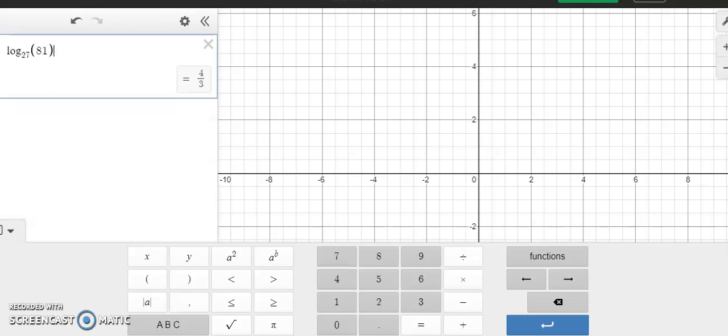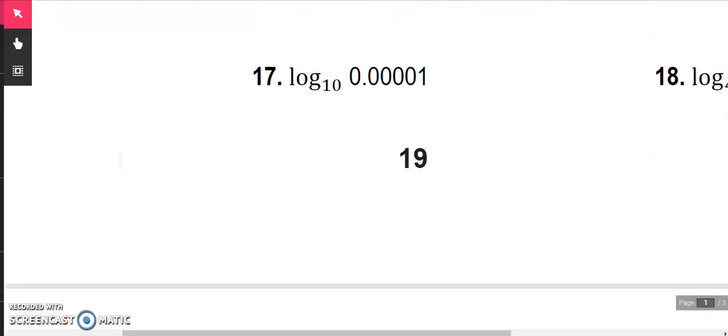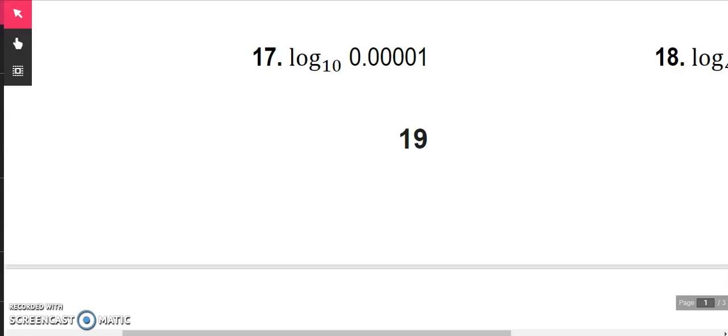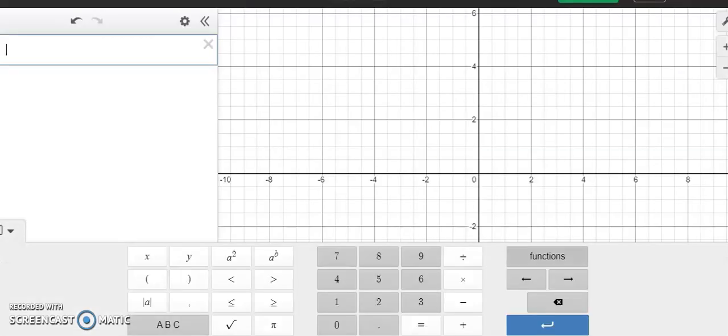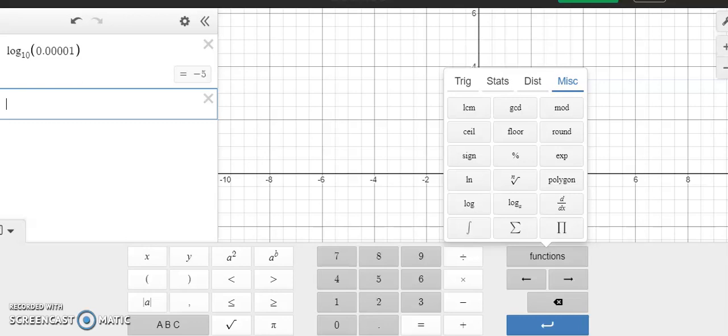One more thing to point out. If I see one like number 17 where it says log 10, I can type it the way I see it. So log 10, type in the 0.00001, get -5. Or notice that the button next to the log with the little base just says log by itself.